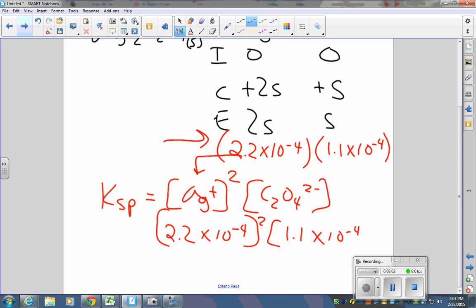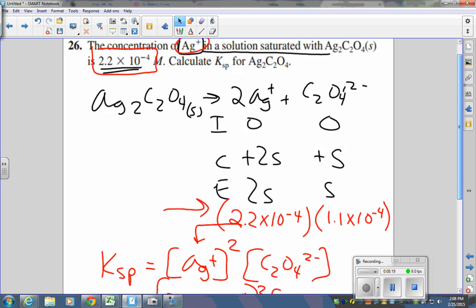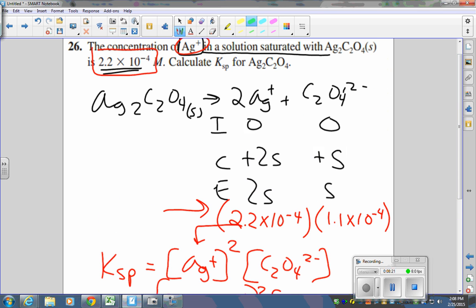I do the math, and I get 5.3 times 10 to the negative 12th. So make sure you know these. I may give you a small quiz at the beginning of the period just to make sure you're good on the expression solving. The key thing you always want to remember is the most fundamental part where people make their mistakes is the E line. Concentration of the ions is directly related to the coefficients. Do them separately from the expression, then drop it into the expression. Word.